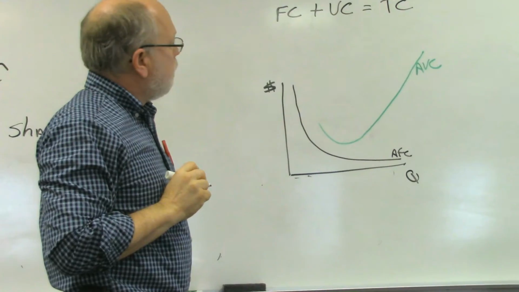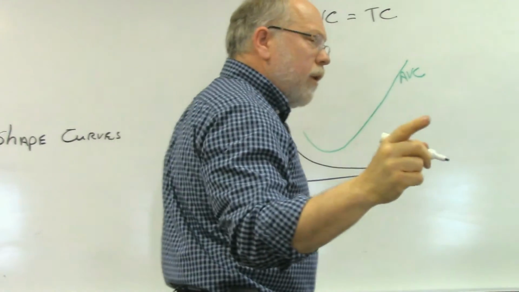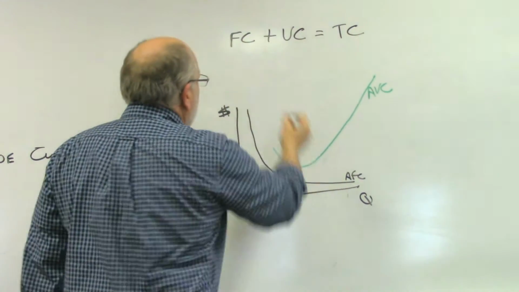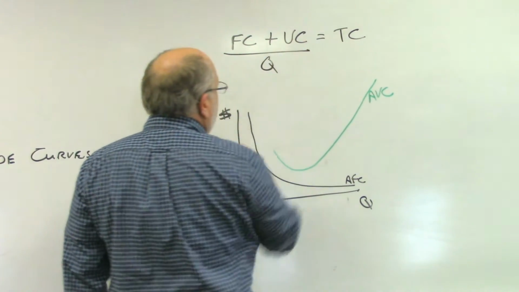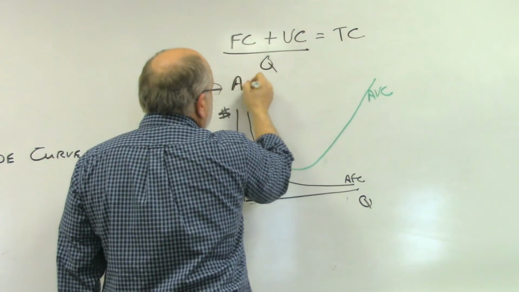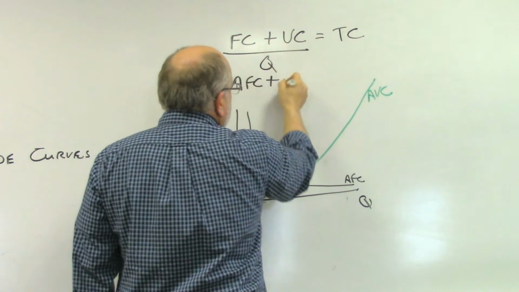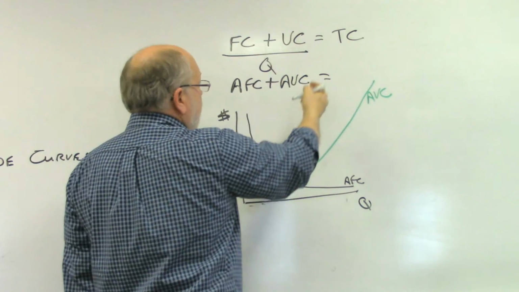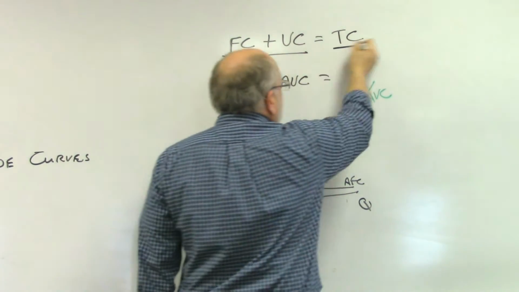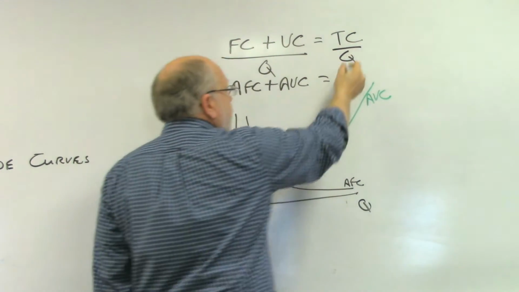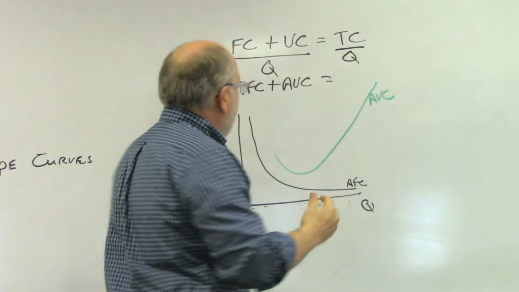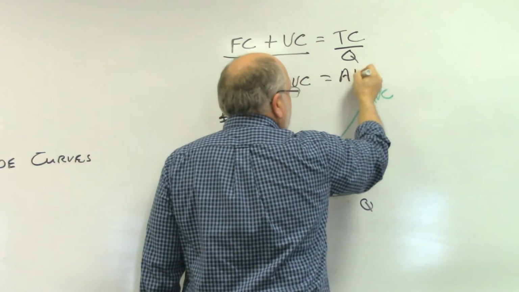Right? And you also learned that what we do to one side of the equation, we have to do to the other side of the equation. So if we divide this side by quantity, we get average fixed cost plus average variable cost equals, well, if we've divided this side by quantity, we have to divide that side by quantity. And when we take the total cost divided by quantity, we get this average total cost.